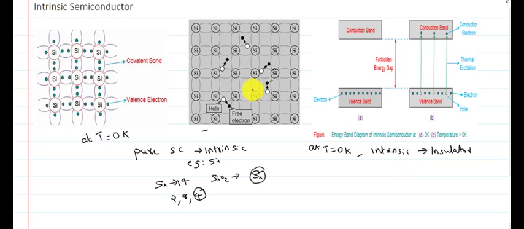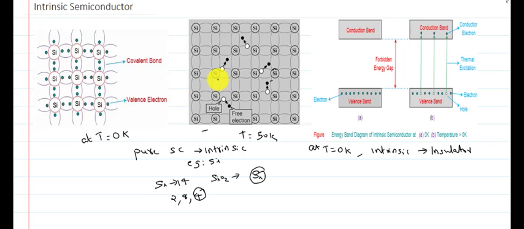The next figure is at T equal to some other temperature, say 50 Kelvin. If we increase the temperature, or start heating the semiconductor, the covalent bonds will break, and the electrons will become free.